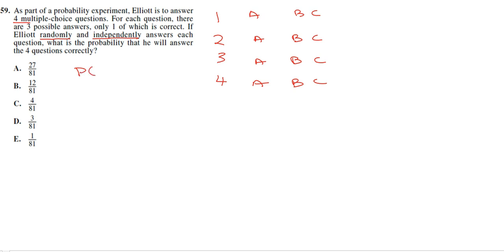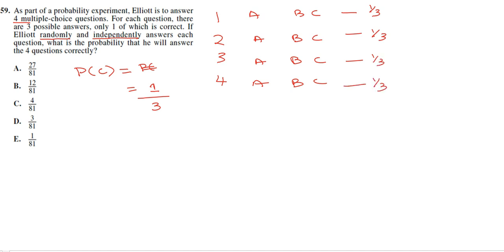Let's say probability of a correct answer is going to be possible answers. So there's only one correct answer divided by total number of choices, which is 1/3. So in each case, we have 1/3 as the probability of selecting the right answer.